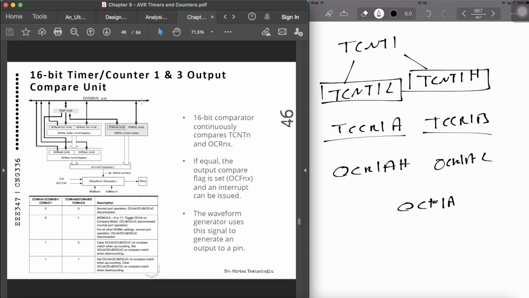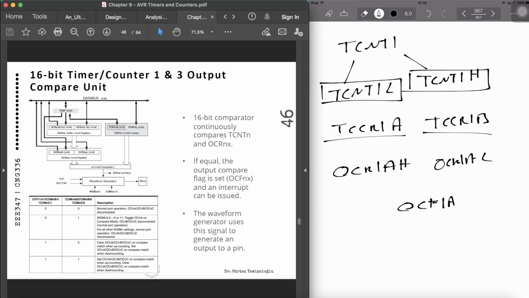Another important part of the timer counters is the output compare unit. If you want to use the output compare unit for waveform generation, we have a 16-bit comparator over here, and we have to use the OCRN 16-bit registers, OCRNH and L. The TCNT values are loaded, and when they match the OCRN in the 16-bit comparator, we can activate the waveform generation and use the output compare unit.